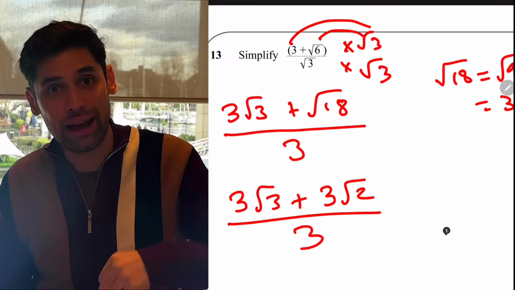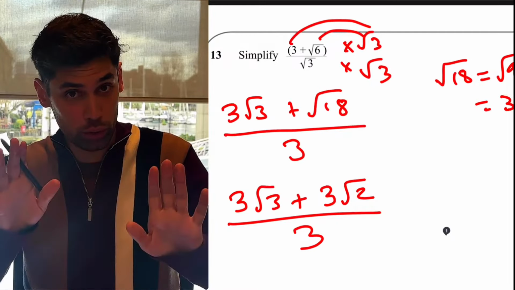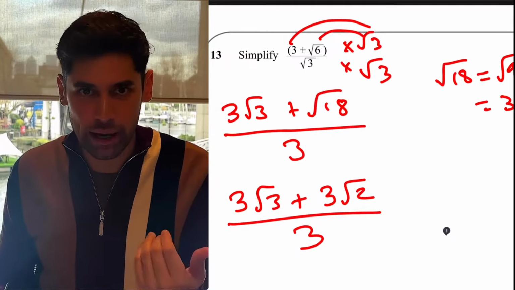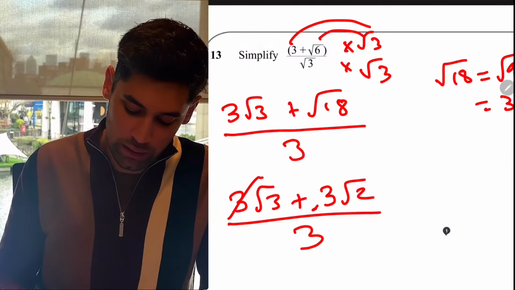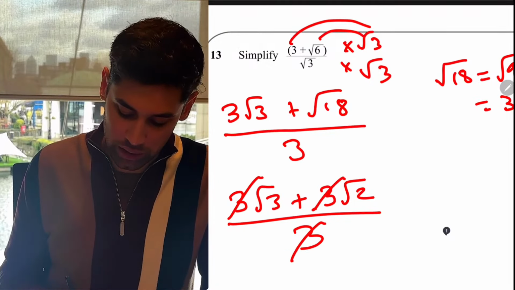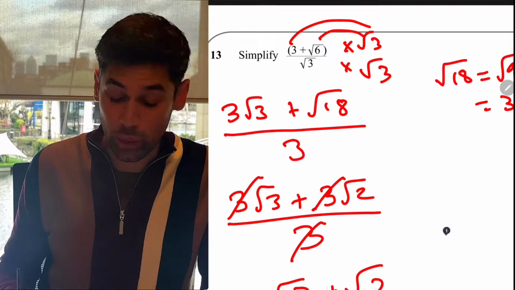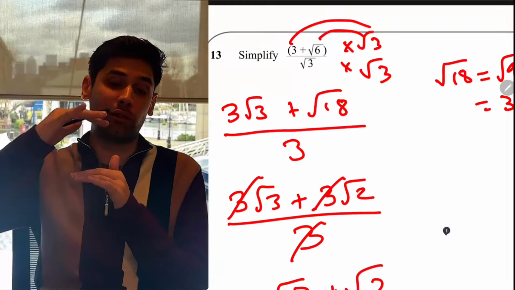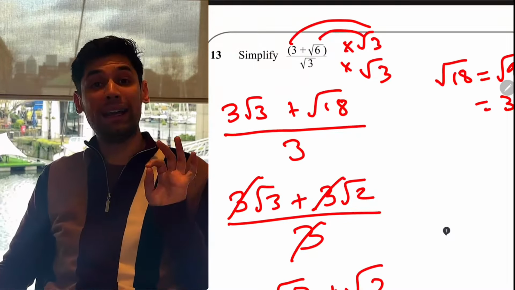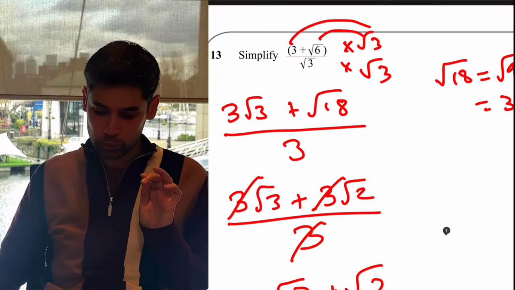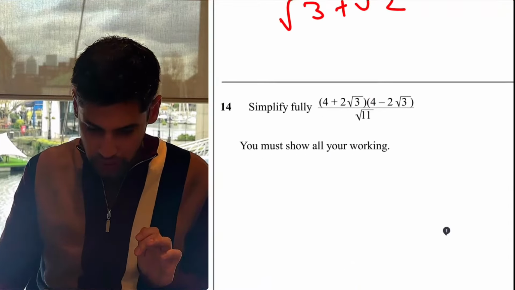Every value here has a 3 in it. Not a root 3, a 3, which means we can divide things here. That has a 3, that has a 3, that has a 3. So the answer is root 3 plus root 2. We can only cancel out stuff on fractions if every individual term is divisible by the same thing. So that's why it works here.